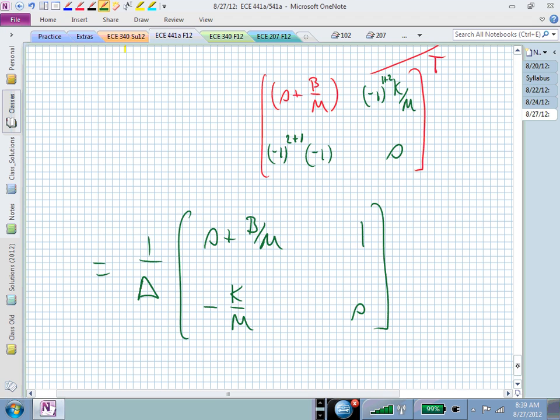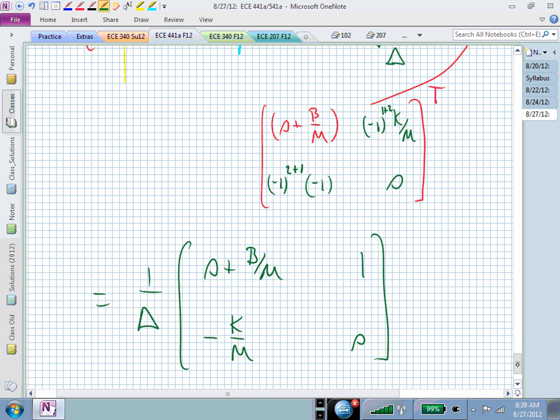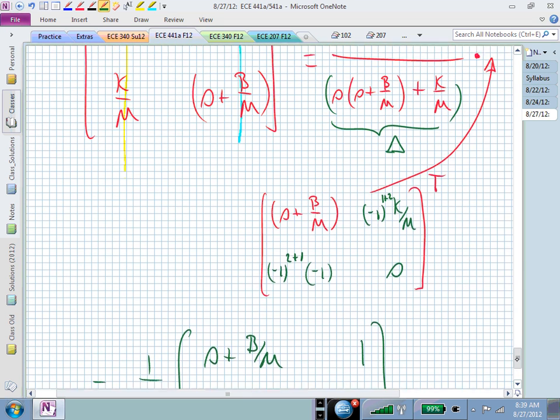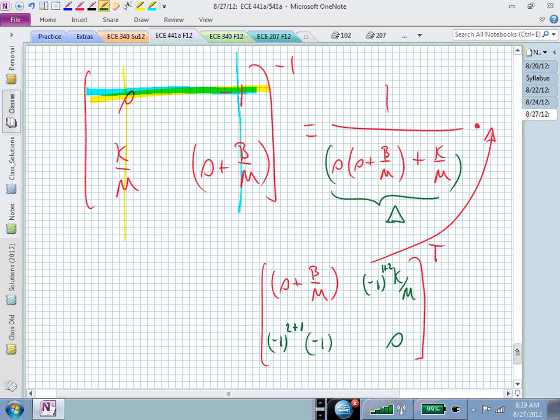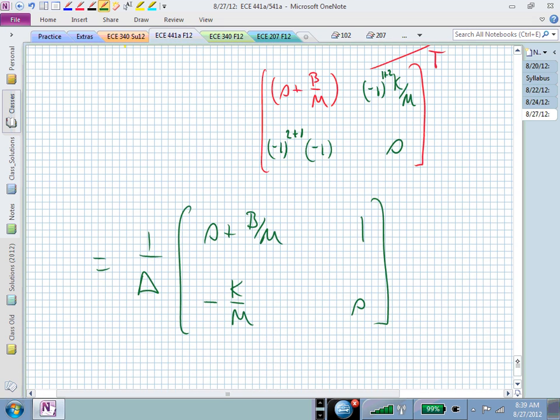Now, if you look carefully at what you just found and compare that with the original matrix, you might see a relationship, and it holds for a 2 by 2. If you need to invert a 2 by 2 matrix, you flip-flop the diagonal terms and you change the sign of the off-diagonal terms, and that's your adjoint matrix.